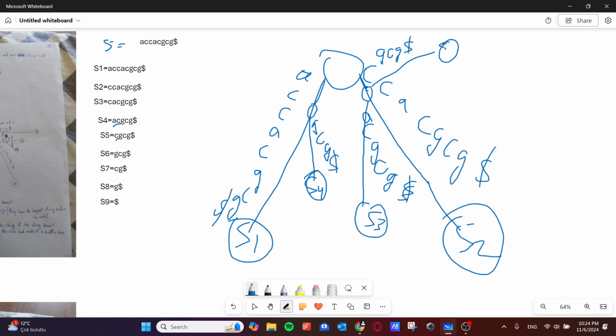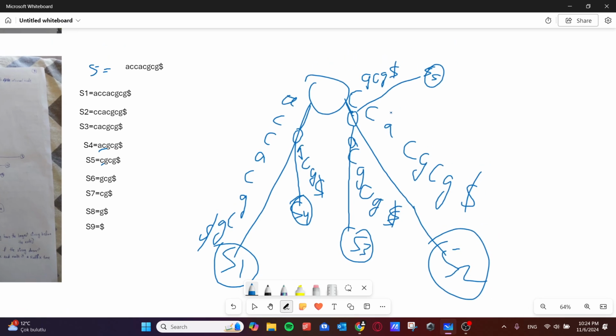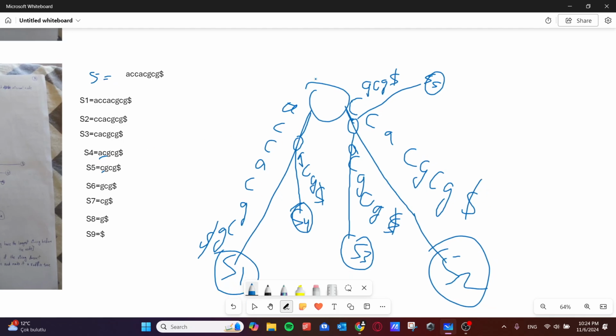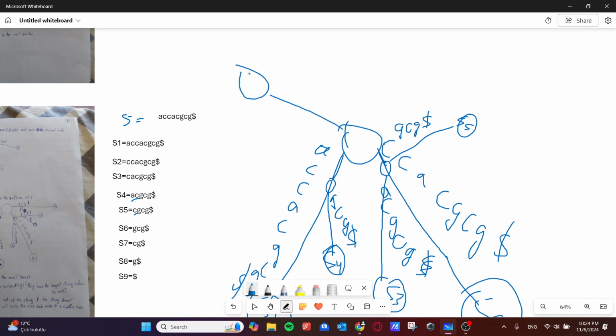This is S5. I hope my writing is clear because it's very hard to write here. Here I have G, so we start another node, which is S6.